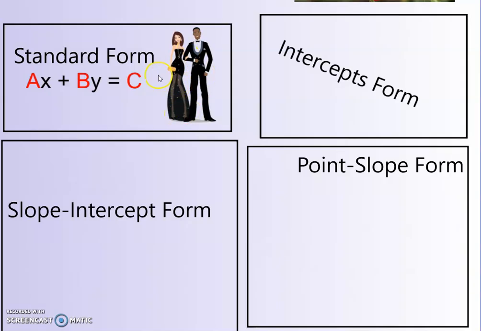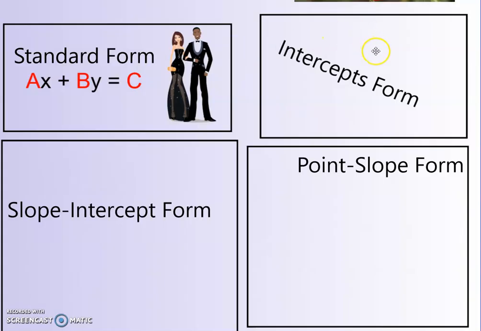It is standardized in that it always appears with something times x plus something times y on the left-hand side, equals a constant. And the coefficients a, b, and c cannot be fractions. So standard form looks very nice. It's very pretty to look at. It's not super practical, but it's very pretty to look at.